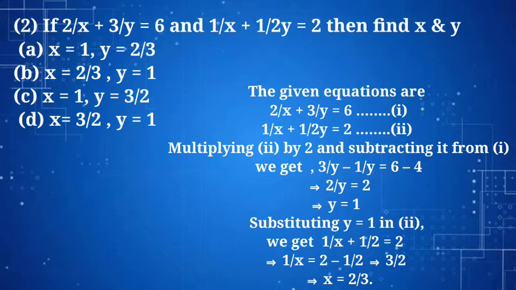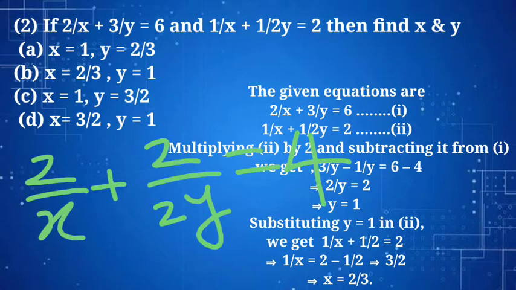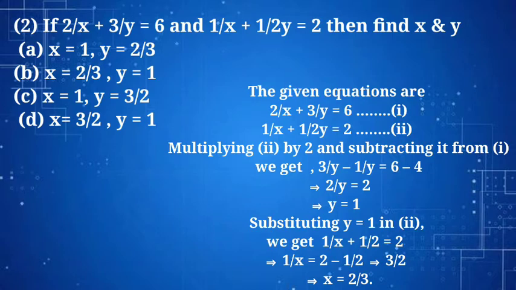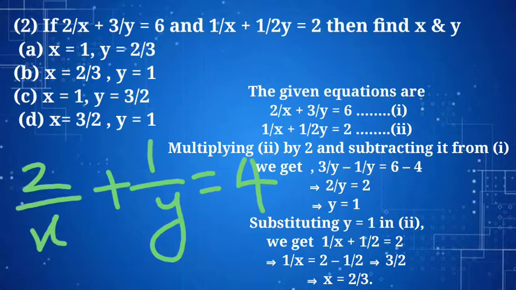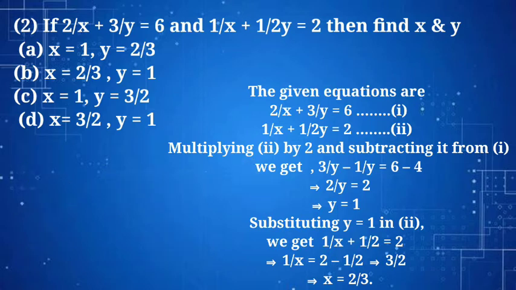So this equation becomes 2 by x plus 2 by 2y is equal to 4. This can be reduced to 2 by x plus 1 by y is equal to 4. That is the equation number 2. And subtracting it from 1, what happened here?